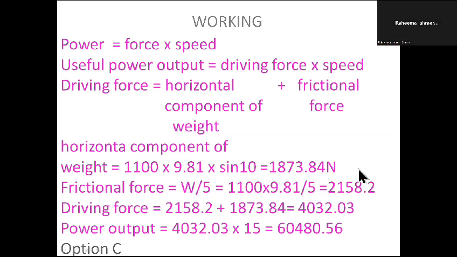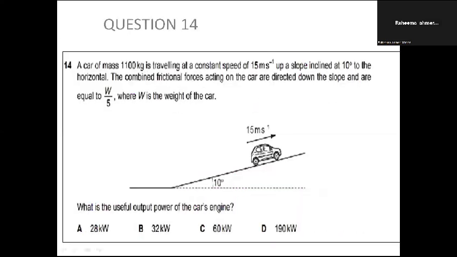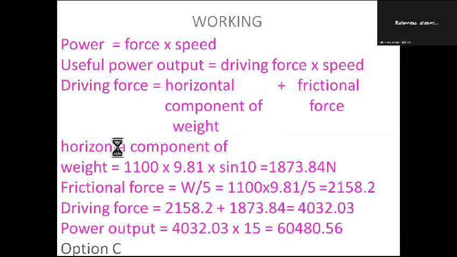You would add these both and you would get the driving force. You have already got the speed, which is 15 meter per second. So when you multiply the driving force by the speed, you would get your answer as 60,000 almost. When you round it off, your final answer would be 60 kilowatt. So option C is the correct answer for this question.